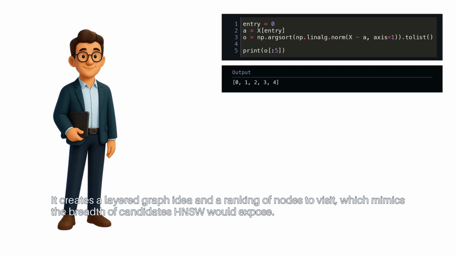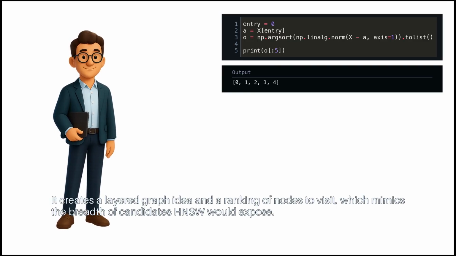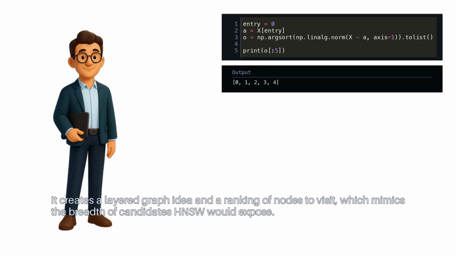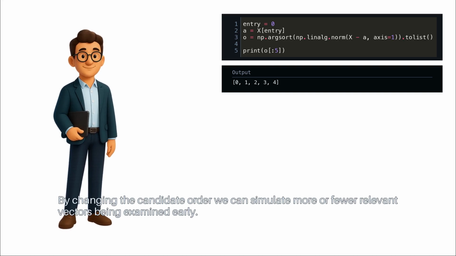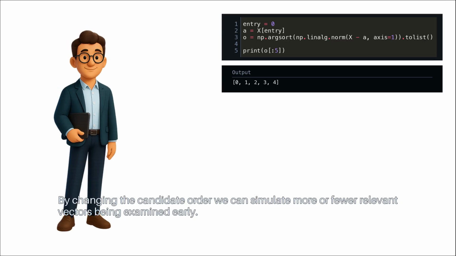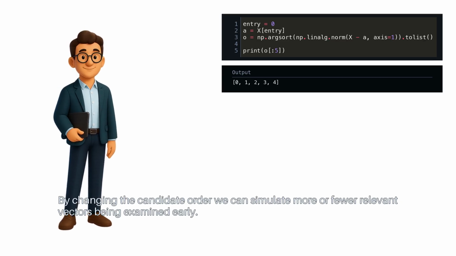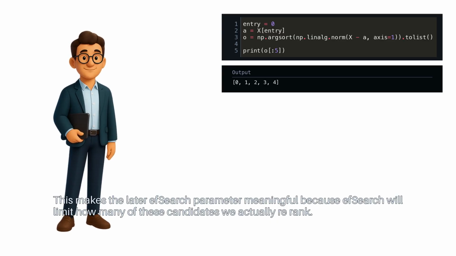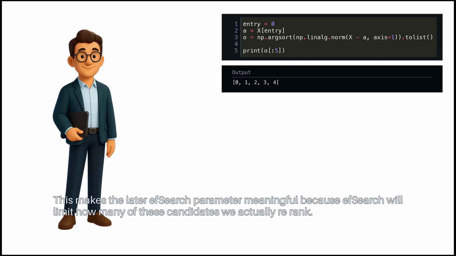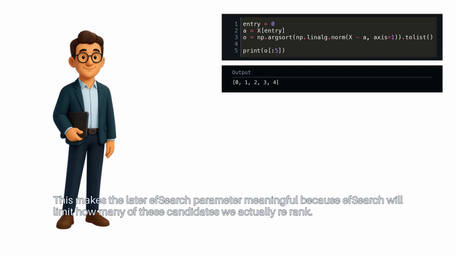It creates a layered graph idea and a ranking of nodes to visit, which mimics the breadth of candidates HNSW would expose. By changing the candidate order, we can simulate more or fewer relevant vectors being examined early. This makes the later efSearch parameter meaningful, because efSearch will limit how many of these candidates we actually re-rank.